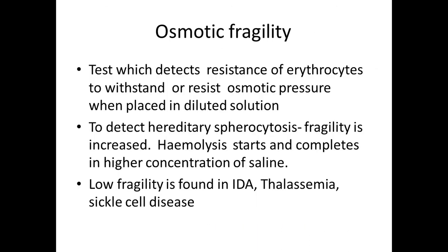There is another hemolytic anemia, and it is because of a disease called hereditary spherocytosis. Sphero is like a sphere. So the RBCs are spherical. A normal RBC is not spherical, it is a disc-like RBC.